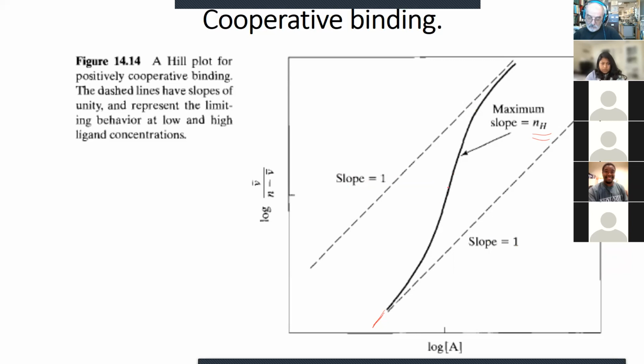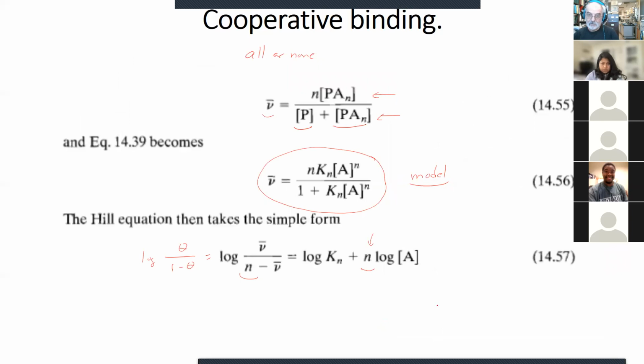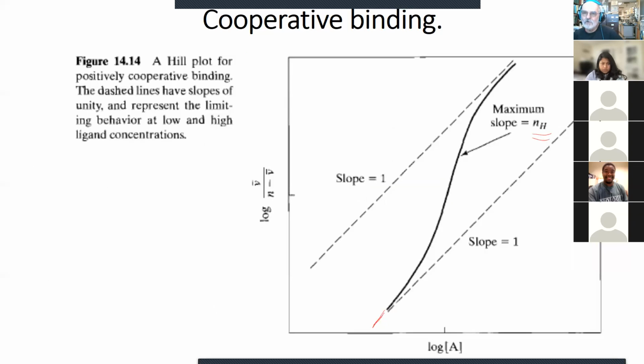But because you have intermediates, as this plot suggests, the slope would be n. But if you have intermediates, you don't have 4 bound until way, way, way out here somewhere. And so what you get is some kind of an intermediate coupling between all of the different sites, and it generally is less than n.